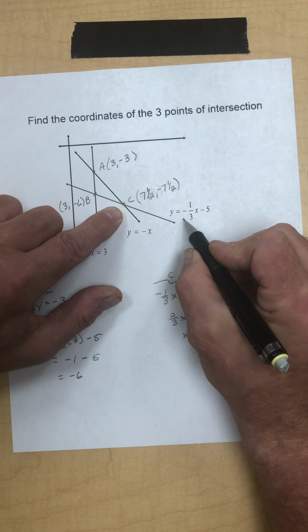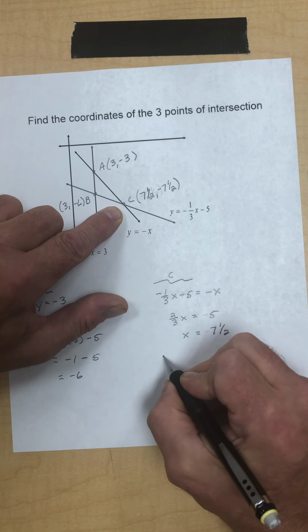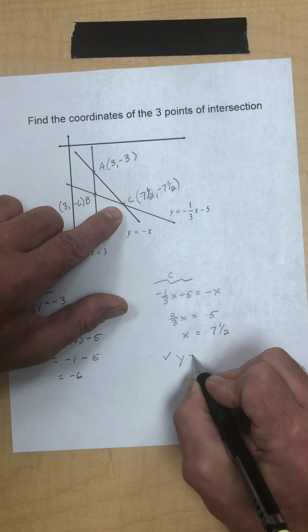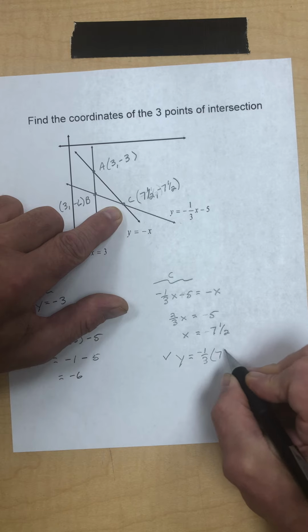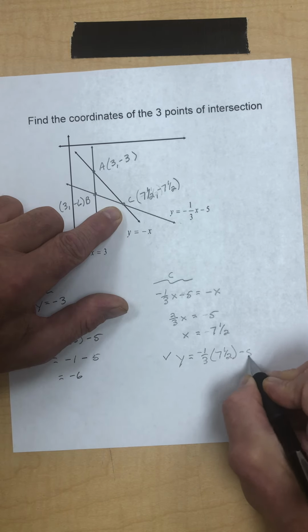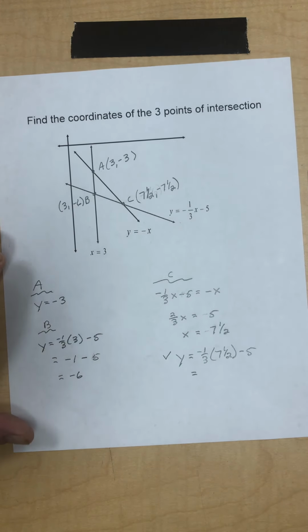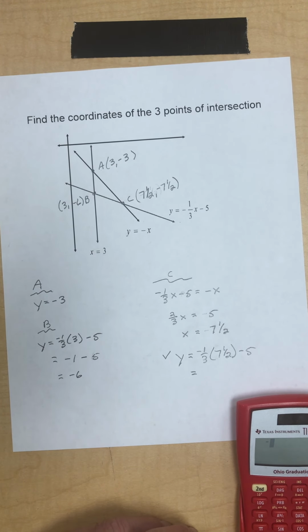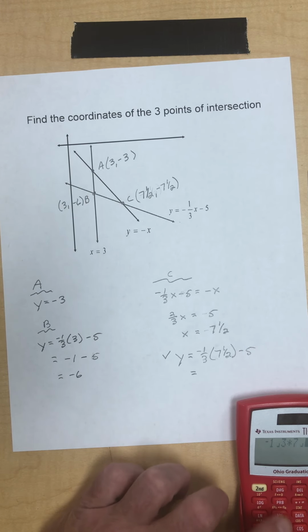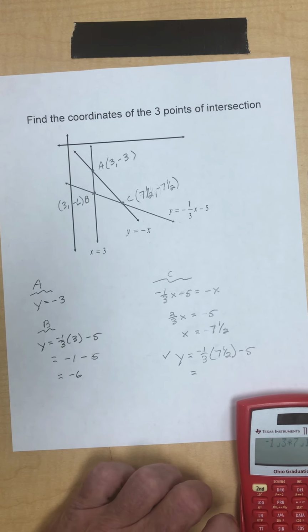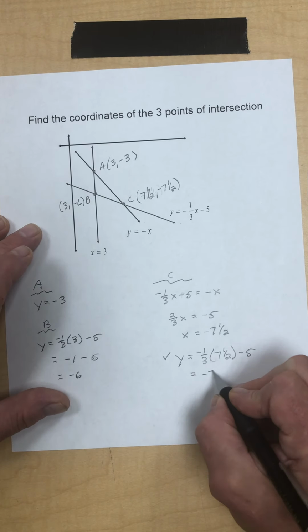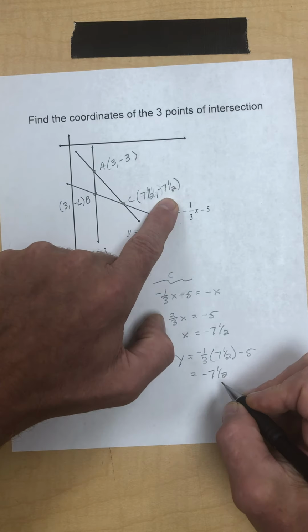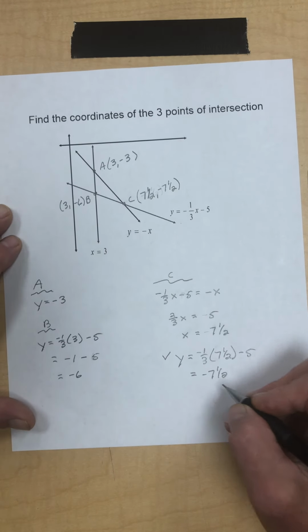Let's just check it. y equals negative 1/3 times my x coordinate, which is 7.5, minus 5. So we have negative 1/3 times 7 1/2, and then we subtract 5, and I get negative 7.5, which is what I was planning on getting. So we're in good shape there.